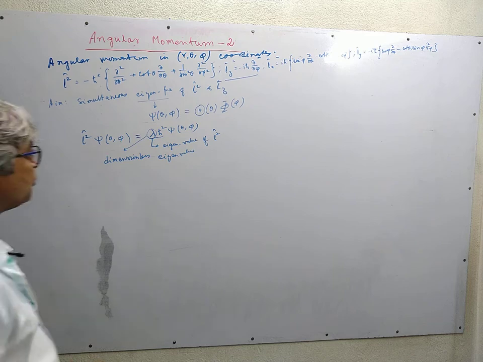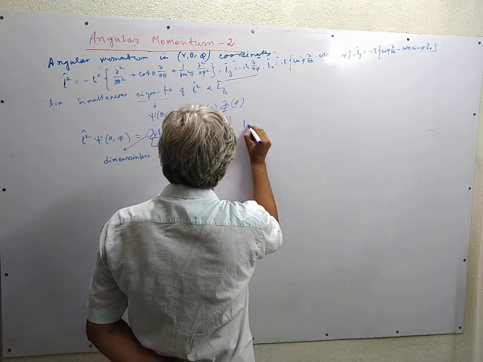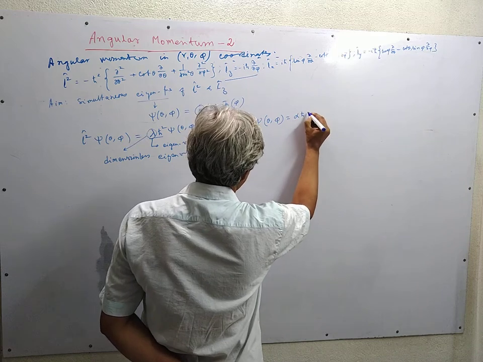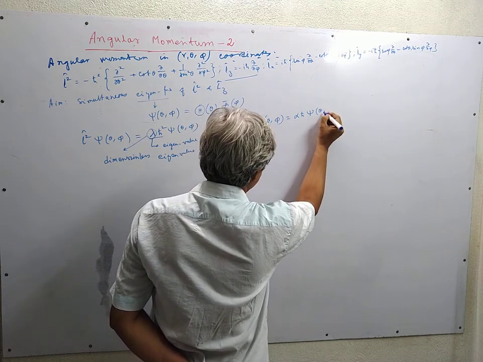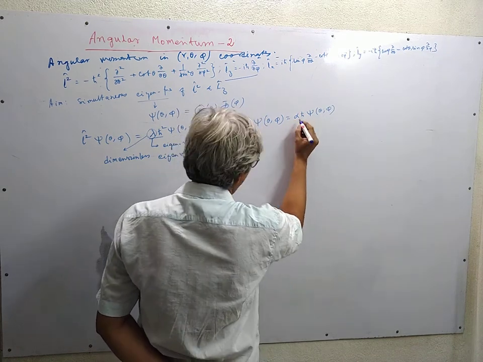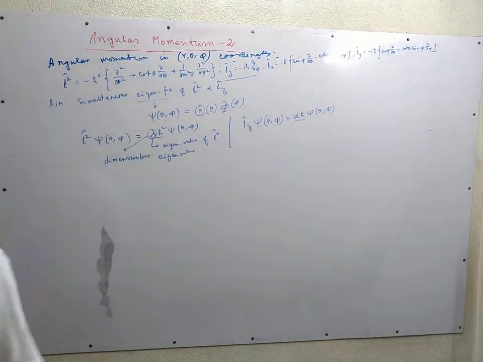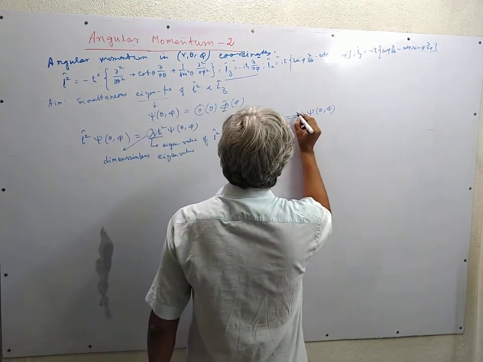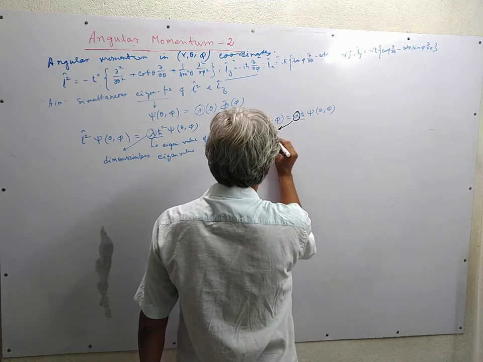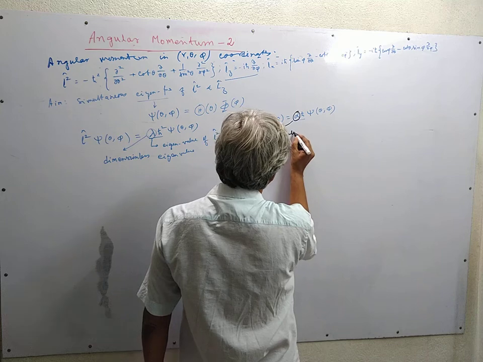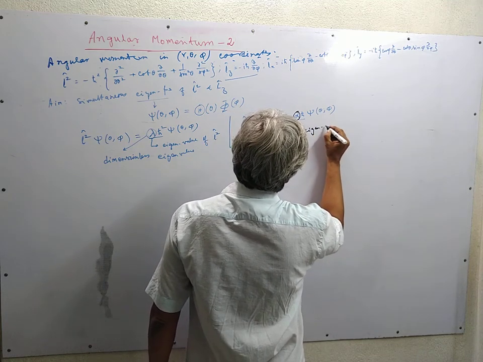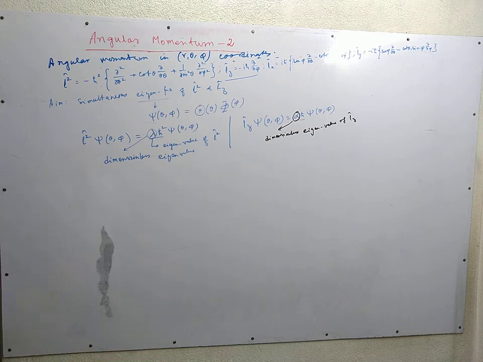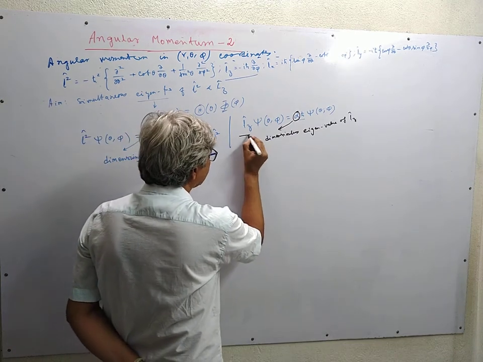And similarly, we choose the eigenvalue equation for Lz to be the same form: alpha h cross is the eigenvalue of the Lz operator, where alpha is the dimensionless eigenvalue of the Lz operator.